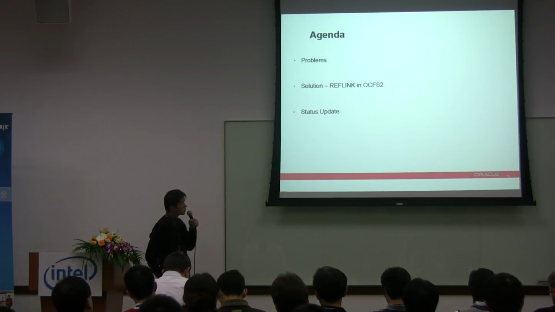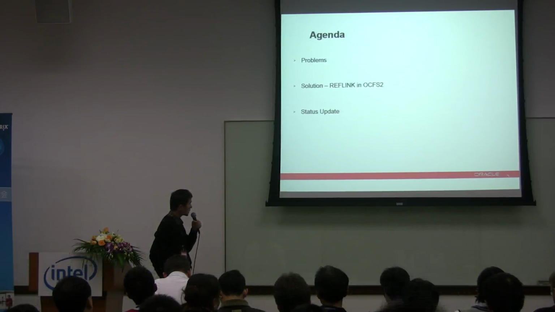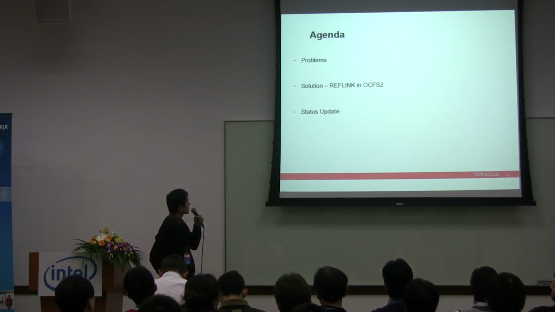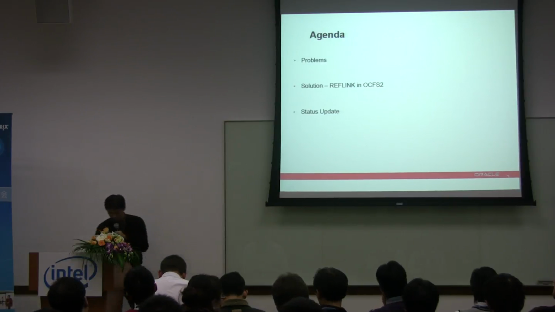In our product, Oracle VM, we use OCFS2 as a shared storage file system so that we can migrate and use images among many different machines. So let's begin.